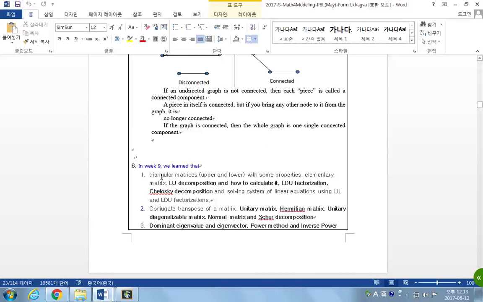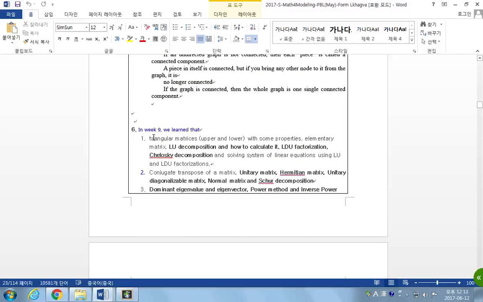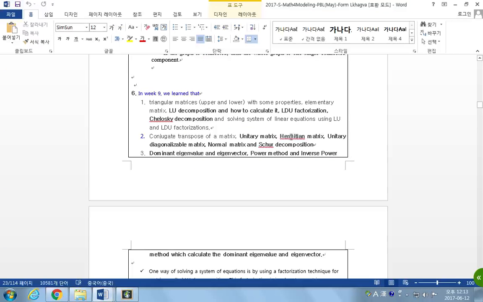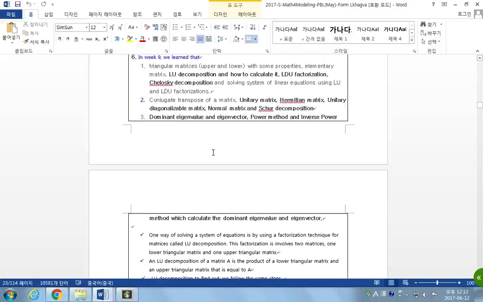So, ninth week we learned triangular matrices and LU decomposition, LDU decomposition, Cholesky decomposition, also unitary and Hermitian matrix, diagonalizable and normal matrix, Schur decomposition, dominant eigenvalue, eigenvector, power method, and inverse power method.